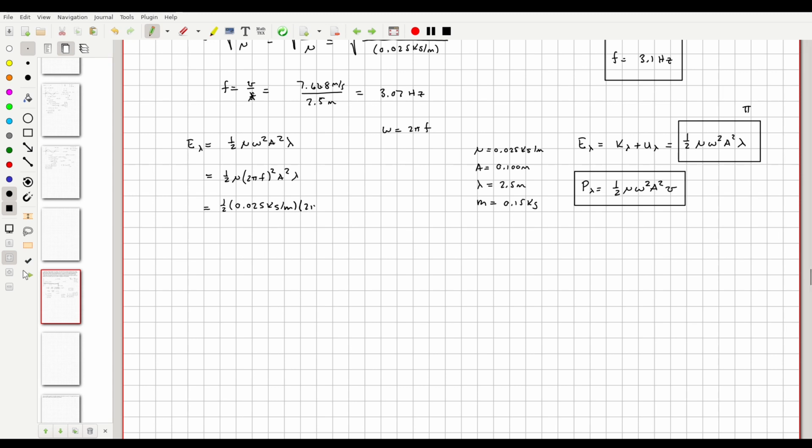This is 2 pi times the frequency. The frequency we got is about 3.07 hertz. Gotta square that. The amplitude is 0.100 meters. Gotta square that. And the wavelength is 2.5 meters. That's something we were given. So let me plug this in here.